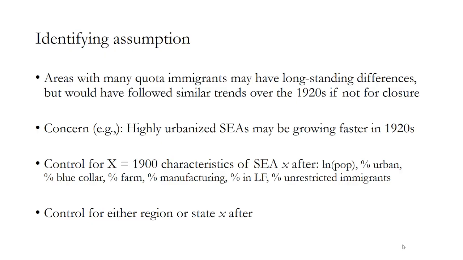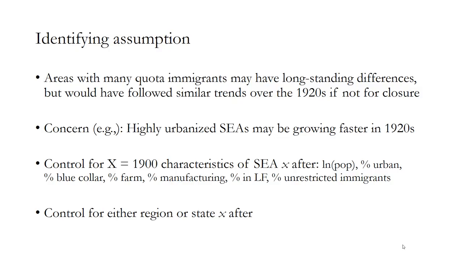So our identifying assumption here is, it can very well be the case that areas with many quota immigrants have long-standing differences. So we saw that cities in the north, like New York, have a high share of the population quota affected, and rural areas in the south do not. And so we allow for the fact that there can be long-standing differences between those places with our state economic area fixed effects.